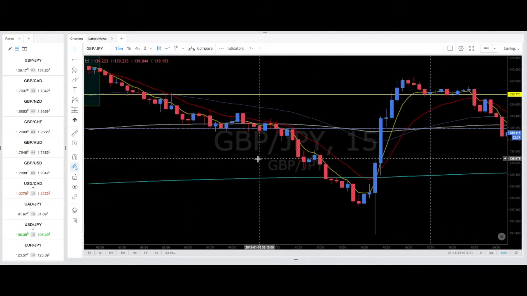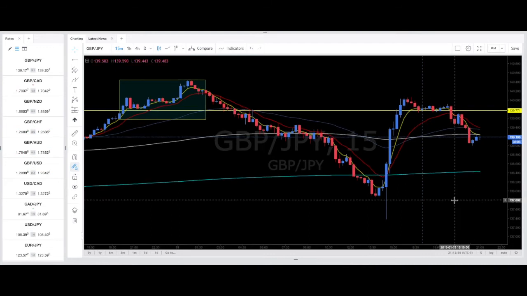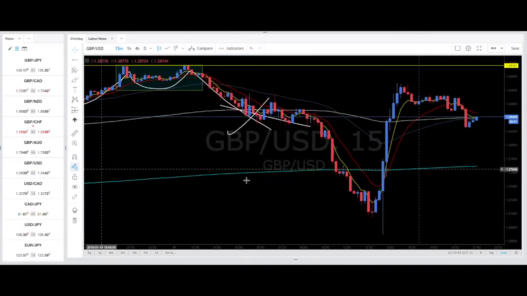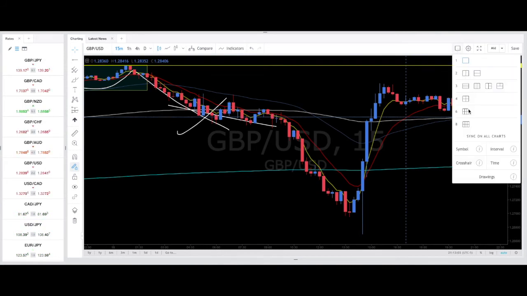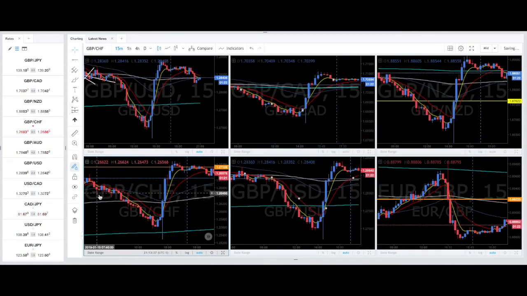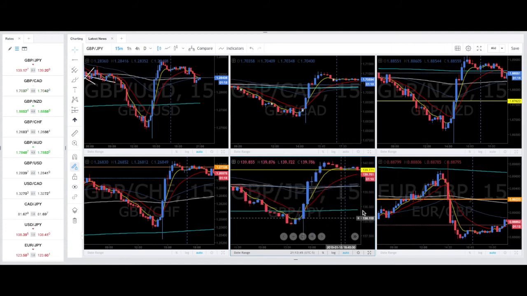Now let's talk about the whole Brexit vote thing. If we take a look, I want you to take a look at this. This is crazy. So we got pound Swiss, pound USD, pound CAD, pound NZD, and we're missing pound Jappy. Look at what happened between 1330 and 1400.